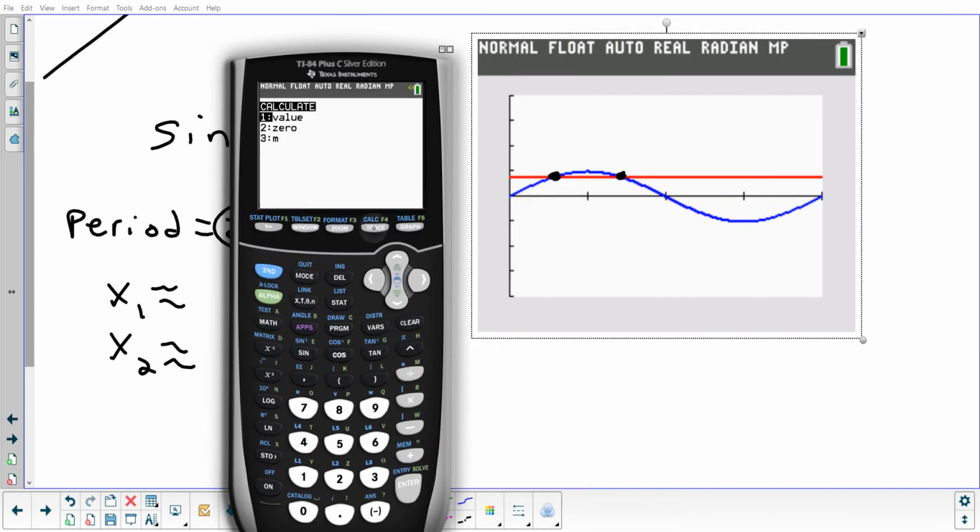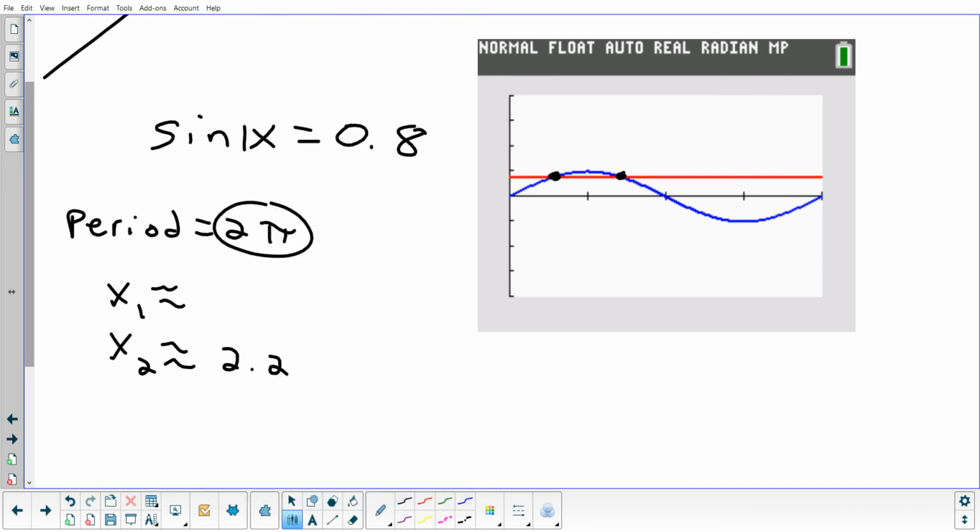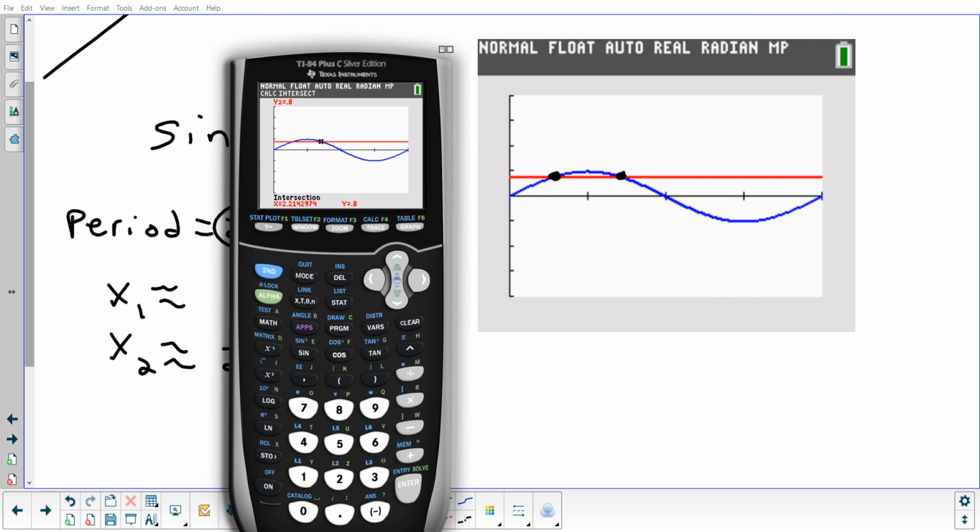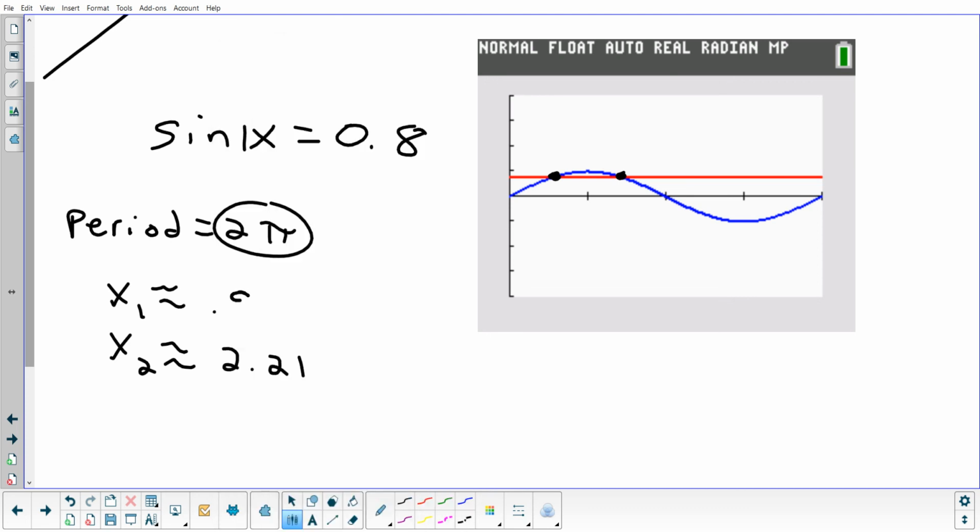So if you do second calc intersect and you just hit it randomly, you'll find one of them. 2.21. Now I got to be a little bit more careful with the next one. Second calc. There you go. Intersect and just move it a little closer. You get about 0.93.